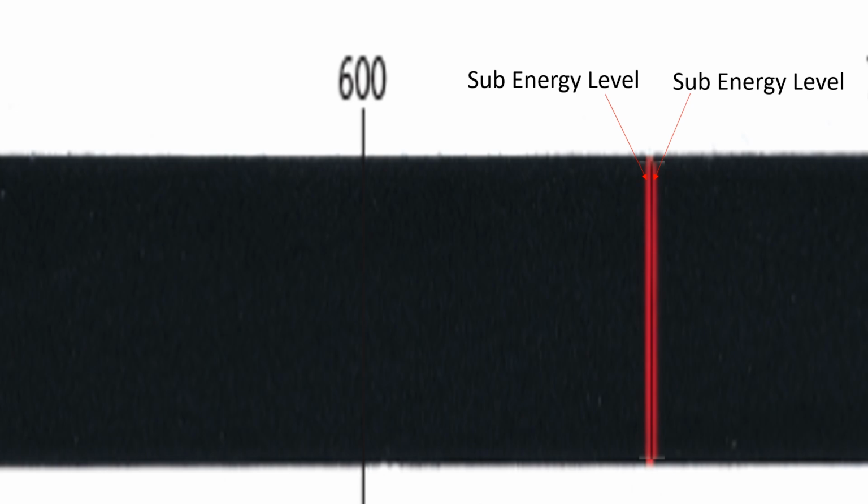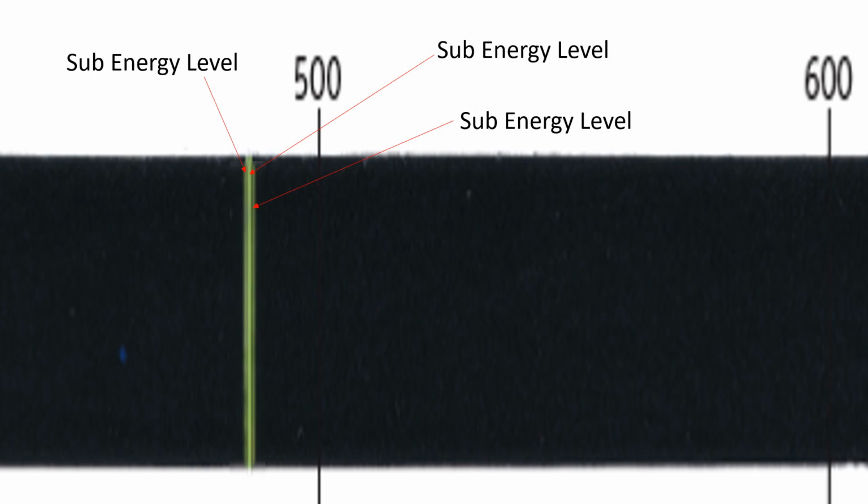So a single energy level may have other sub energy levels. That is why we can observe these divisions of lines in a single emission image. You can obtain three or even more lines due to these sub energy levels.